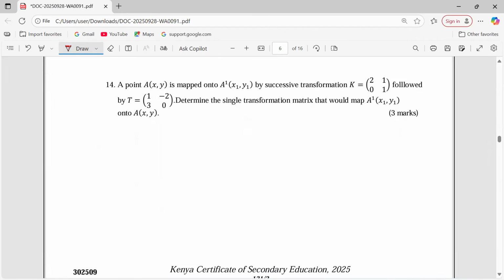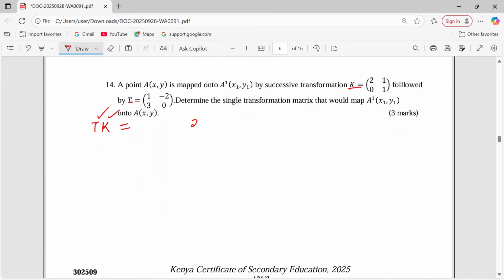And that is when we multiply the matrices in the order in which the transformations were performed. It said that we started by K followed by T. So K followed by T is usually written like that. It means K was performed first, followed by T.